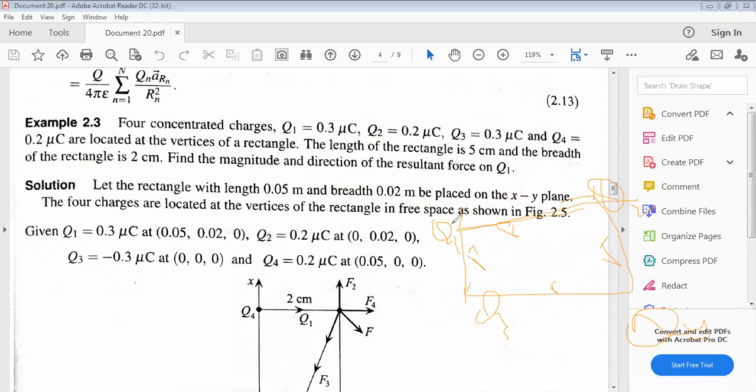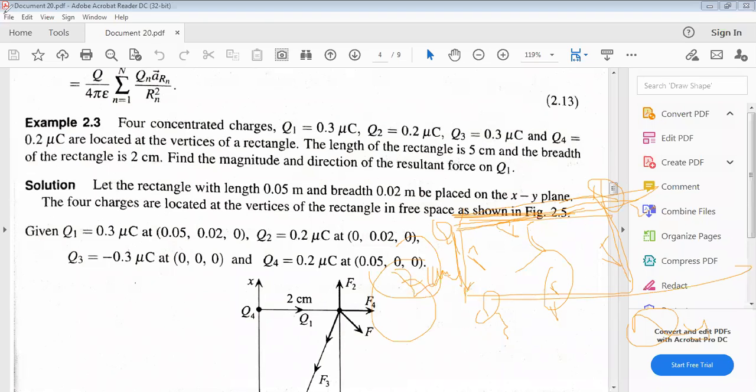Sorry, this is the length, 5 centimeters, and this is the breadth, 2 centimeters. This is not a cube. The width is mentioned as the breadth here, 2 centimeters, and the 5 centimeters is the length.